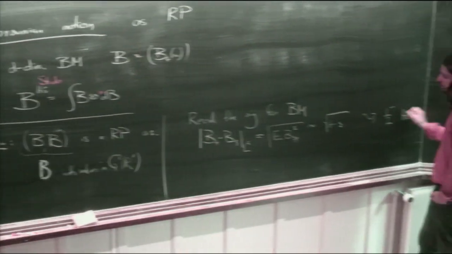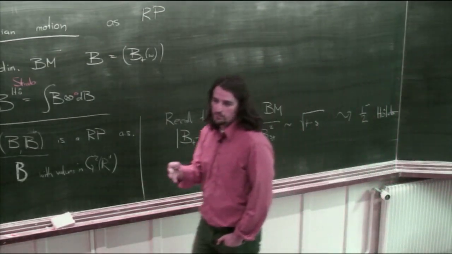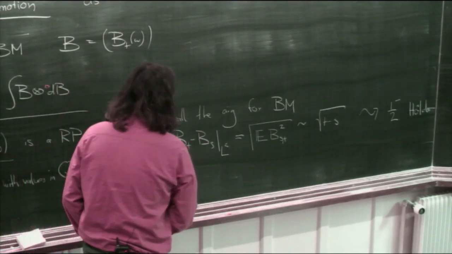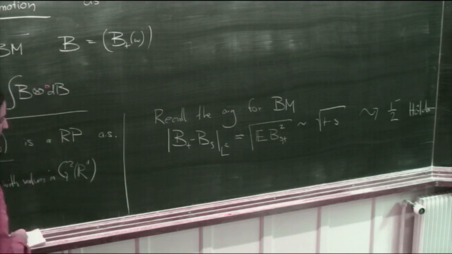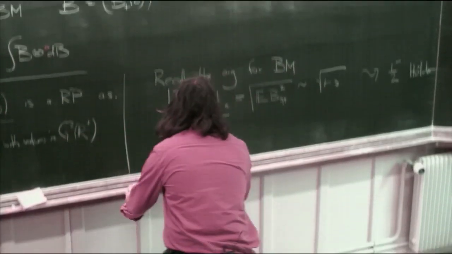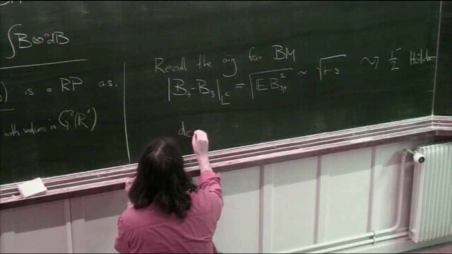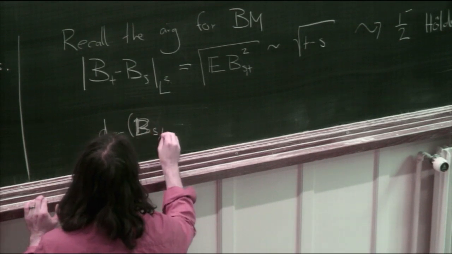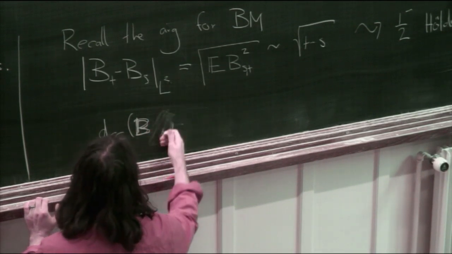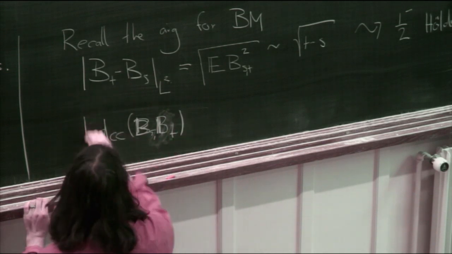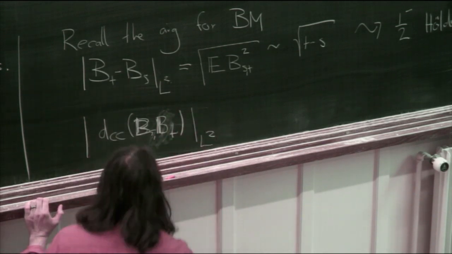Okay? So the beauty of this Carnot-Carathéodory point of view is that you can do the same. So instead of looking at B, I now look at bold B, and I have to work in this Carnot metric. So I look at d_CC of bold B_s and bold B_t in L2.